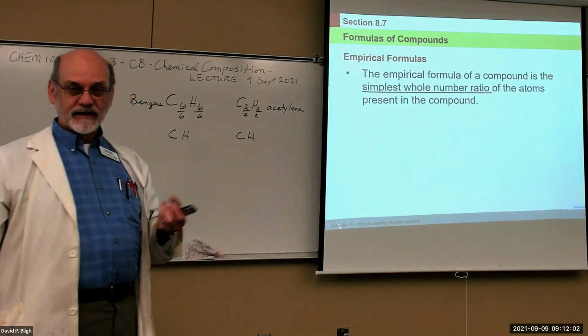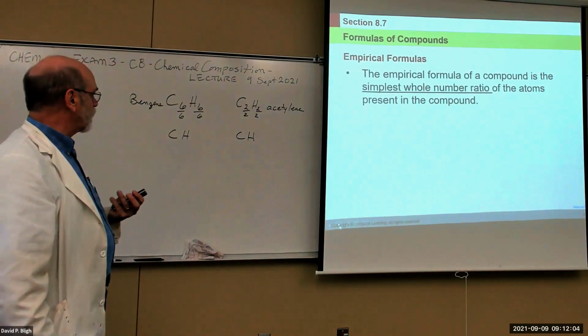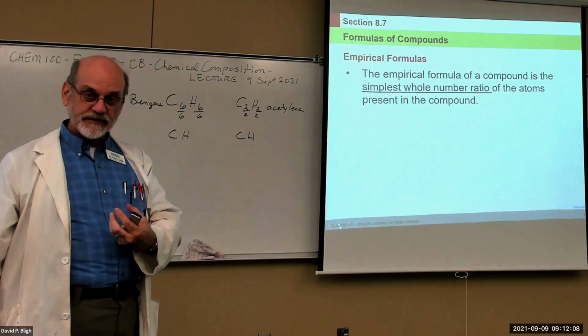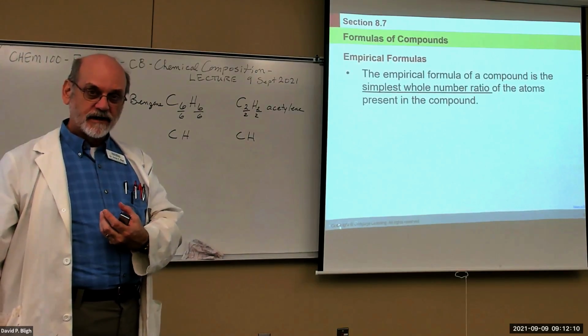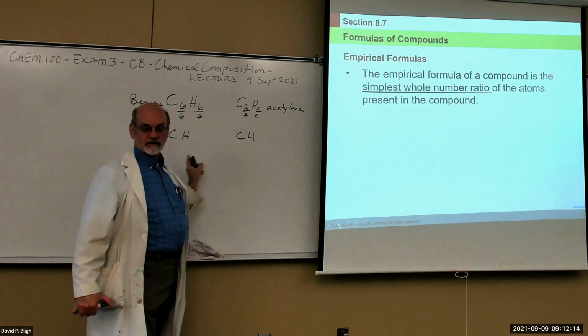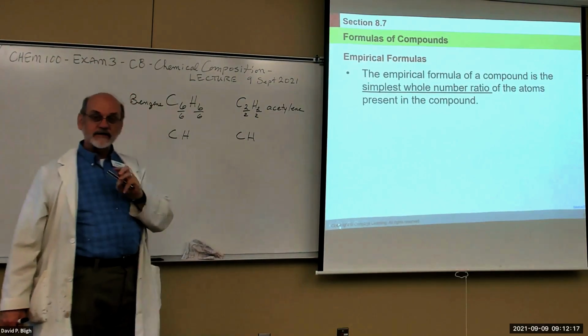Okay? So if you determine the empirical formula from percent mass analysis of a compound, this is not going to tell you which one is which. You need some more information.